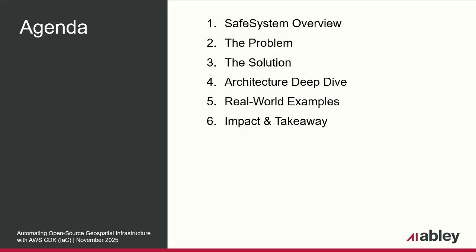Here's the agenda. I'm going to briefly talk about the SafeSystem overview. We'll discuss infrastructure components at a high level, and the problem we had in our implementation of our infrastructure, with some real code examples. We'll discuss our solution, the library approach we have taken, and the convention over configuration design paradigm, followed by a deep dive on architecture.